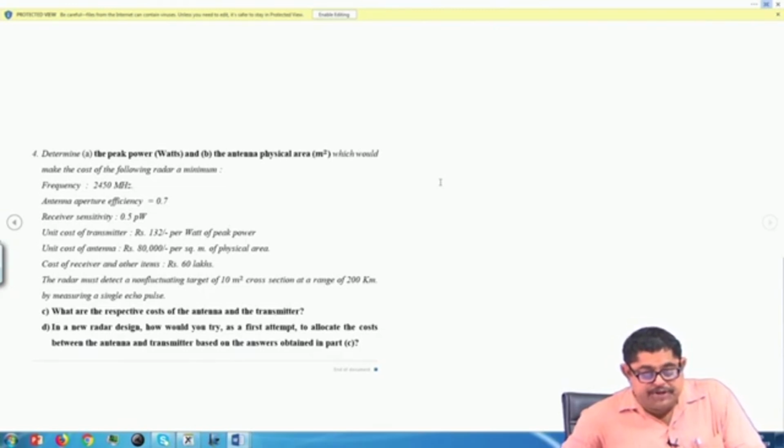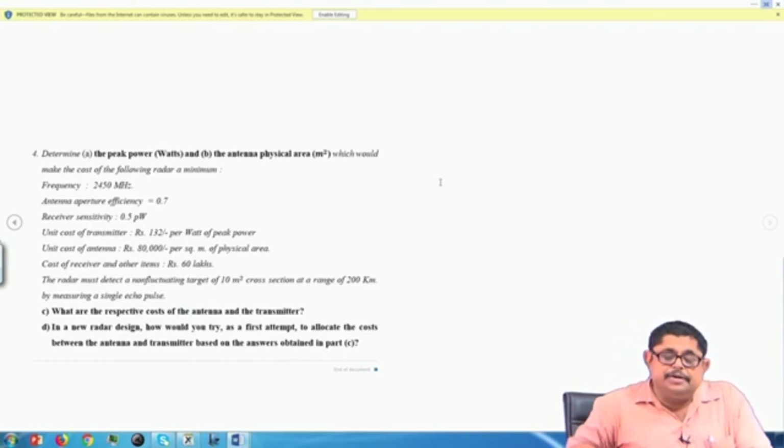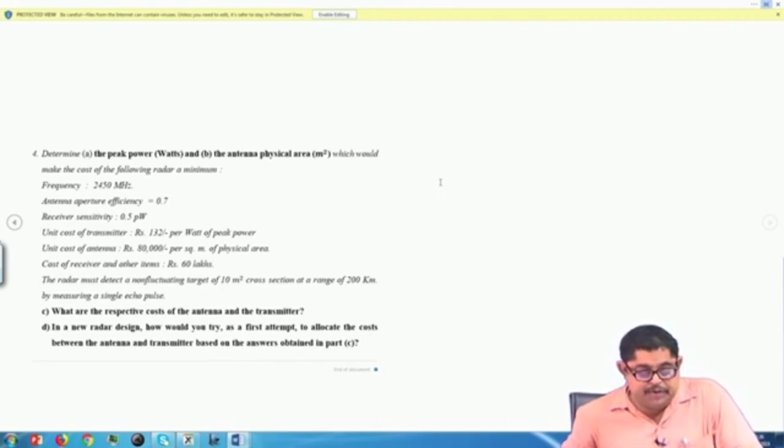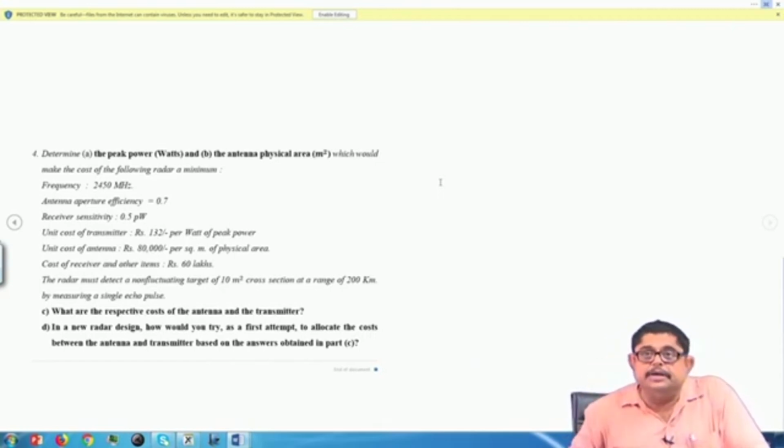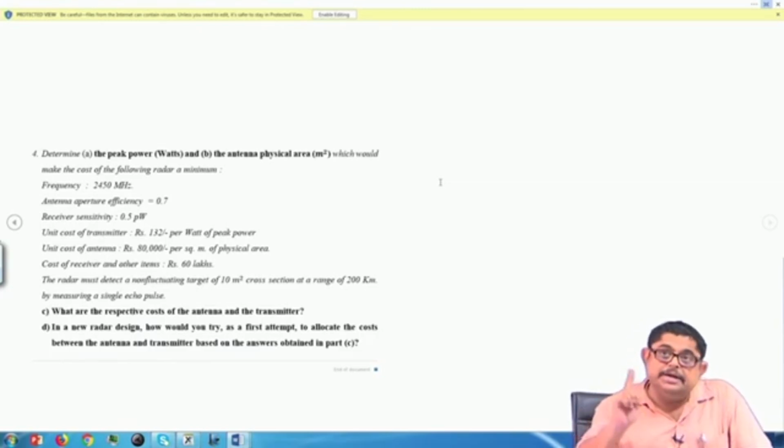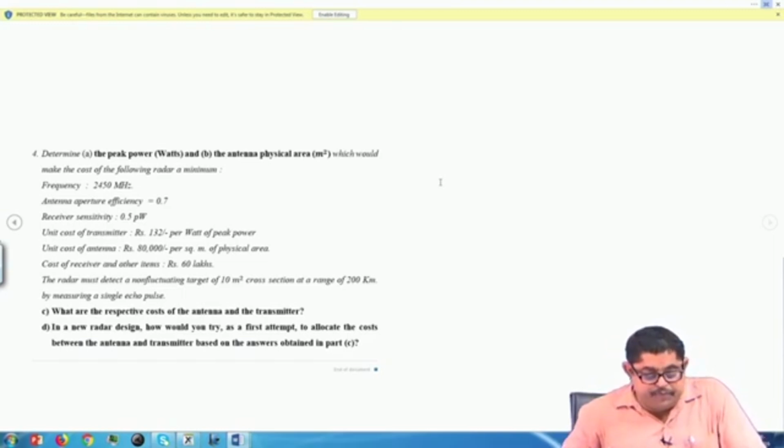Also the radar must detect a non-fluctuating target. What non-fluctuating target means, that later we will see. Let us say that it has a constant RCS of 10 meter square cross section at a range of 200 kilometer by measuring a single echo pulse.